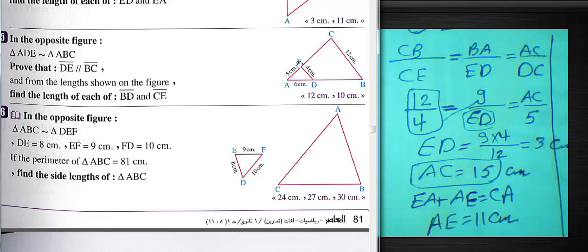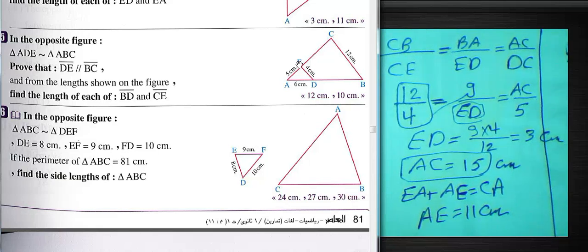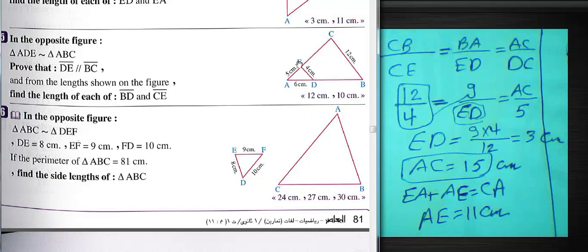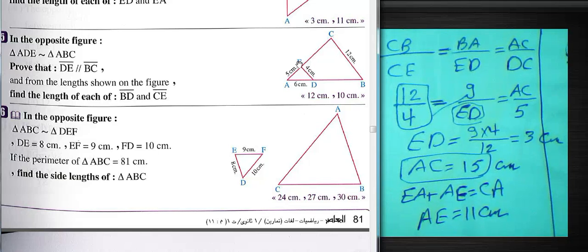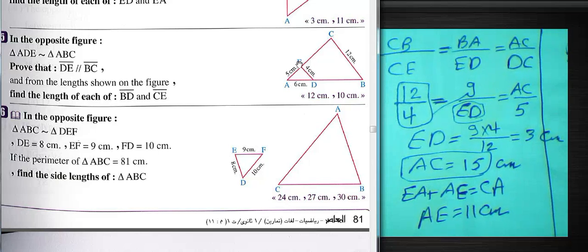Okay, to prove lines parallel, we can find that interior angles are equal in measure, alternate angles or corresponding angles are equal in measure, or that the sum of two interior angles equals 180, and so on. These are the properties of parallel lines.